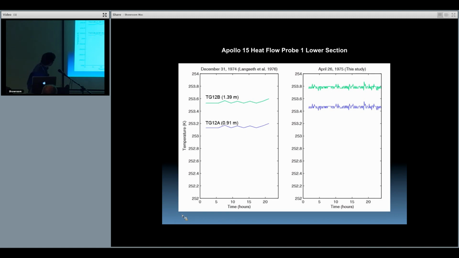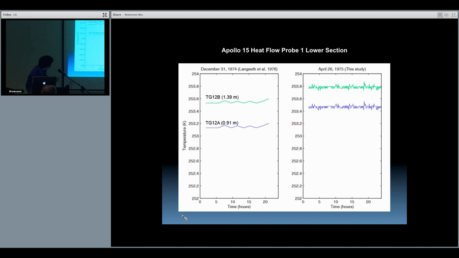This is the last day of the heat flow data that was analyzed previously, December 31st, 1974. Here is the data we extracted from the tapes we recently found. At the end of 1974, we are seeing this kind of gradual warming trend in the subsurface.